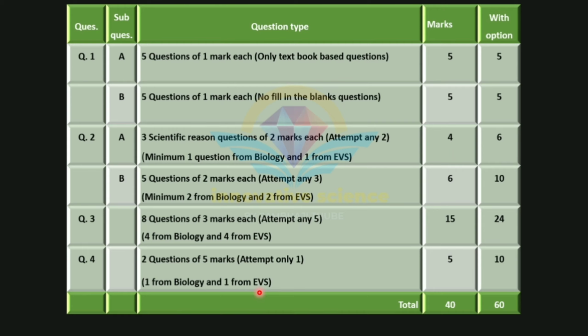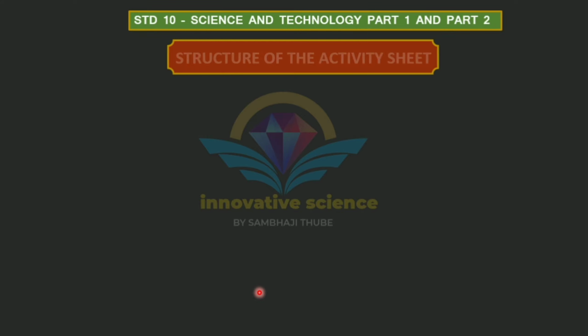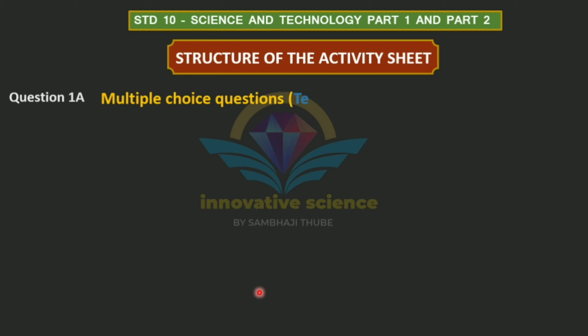Now, let us discuss the structure of the activity sheet. Question number 1A will be a textbook based question, and it will contain MCQ type questions, that means multiple choice questions, and this question will be for 5 marks.